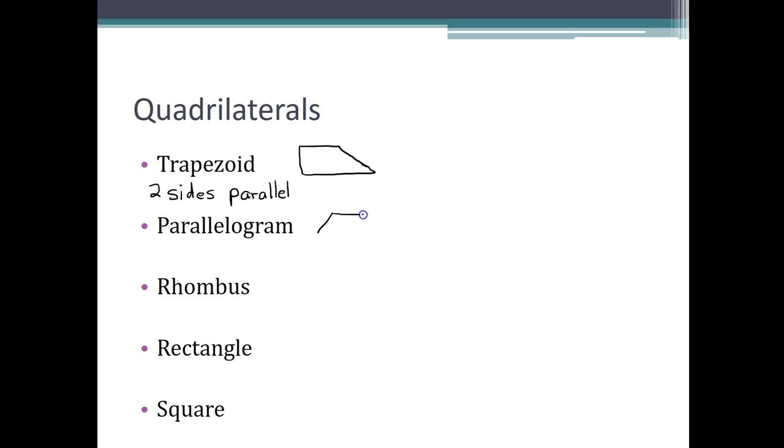Parallelogram you'll often see drawn like this. Not the only way to draw it, but you'll often see it drawn this way. Opposite sides parallel. So both pairs of opposite sides are parallel. Also, opposite sides are equal in length.